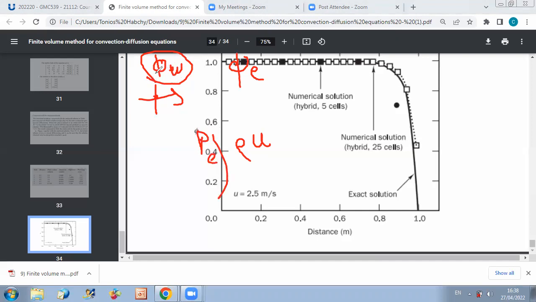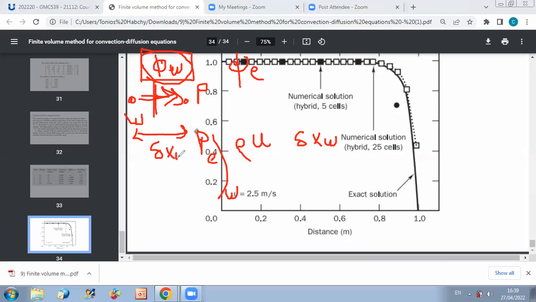To know phi west at the west face, I should calculate the Peclet number at the west face, which is rho times u at the west face, the velocity of flow passing through this face, times delta x west. Delta x west is the distance between point W and point P, over the diffusivity coefficient at the west face.